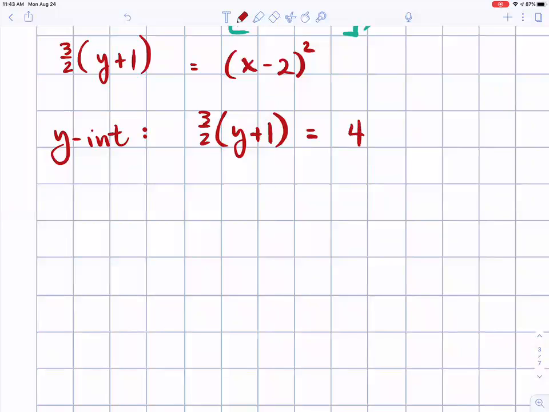Yeah, your -2 times -2 is going to be a 4. Okay, so let's keep on solving. What should I multiply both sides by? 2/3. Okay, so 4 times 2/3. Can you do that mentally? Just give me a fraction. Don't give me a decimal. What's 4 times 2/3? No. 4 times 2 is over 3, right? 8/3. And then subtract your 1.